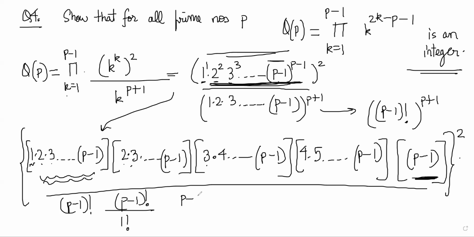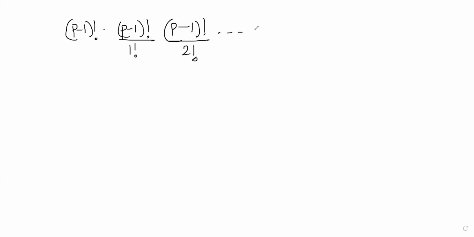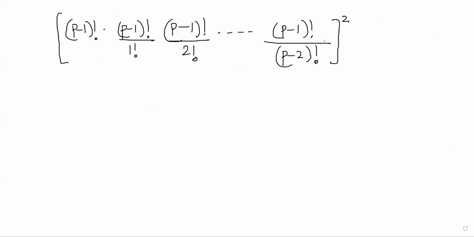And this is p minus 1 factorial divided by 2 factorial, right? And similarly, the last one is p minus 1 factorial divided by p minus 2 factorial, right? So if I do this on the next screen, the numerator starts looking like this. P minus 1 factorial times p minus 1 factorial by 1 factorial, p minus 1 factorial by 2 factorial, till p minus 1 factorial by p minus 2 factorial and whole square, right?